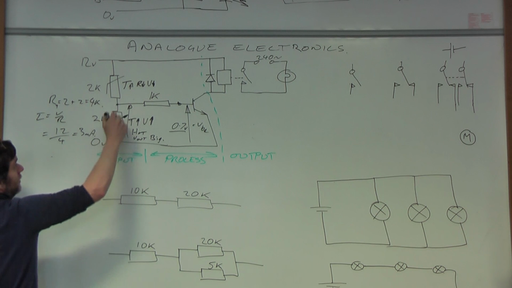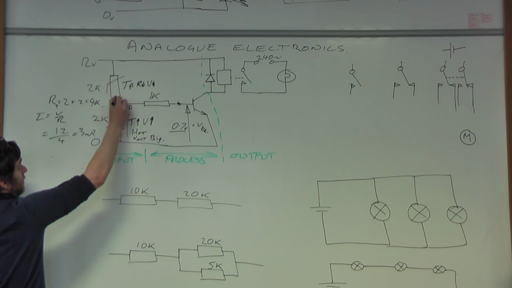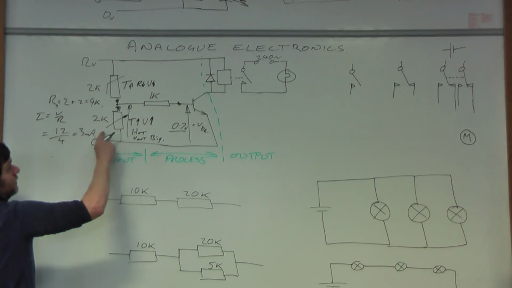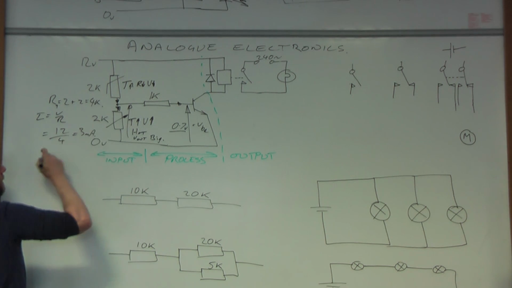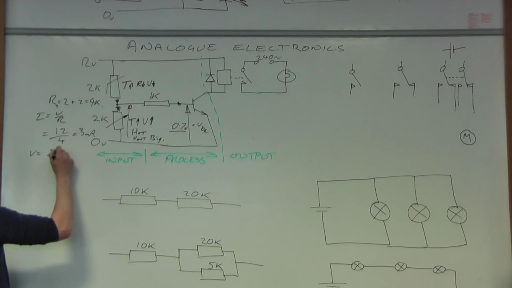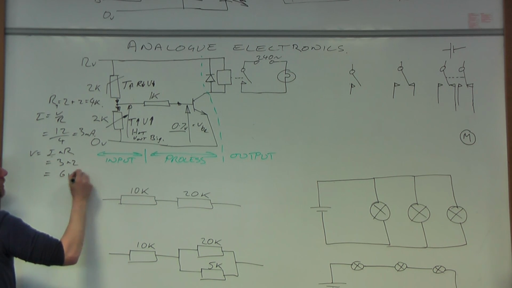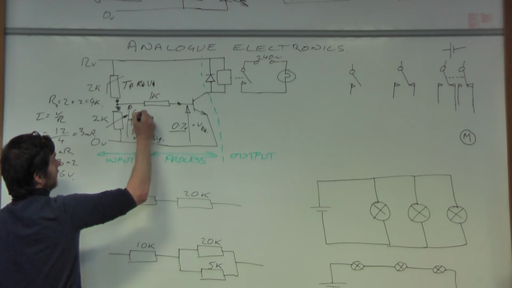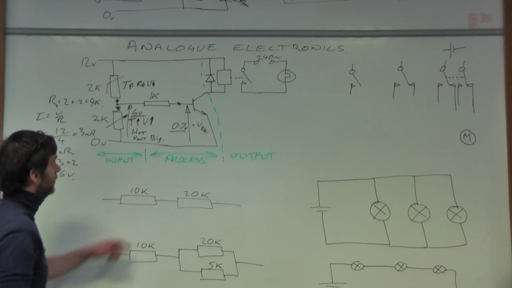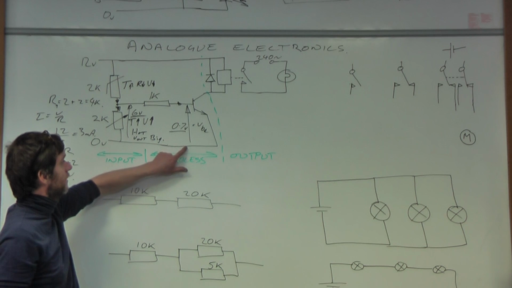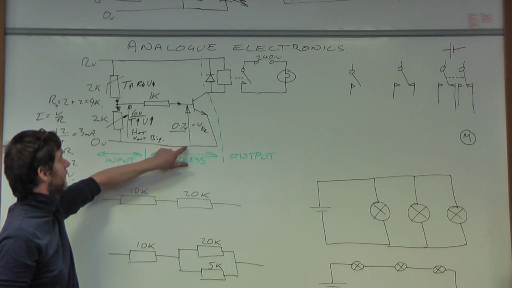In standard grade, just assume there's 3 milliamps going down there as well. So it's 3 milliamps, so V is I times R, so that's 3 times 2, it's 6 volts. So that voltage would be 6 volts. When the transistor is switched on, that's 0.7 there.